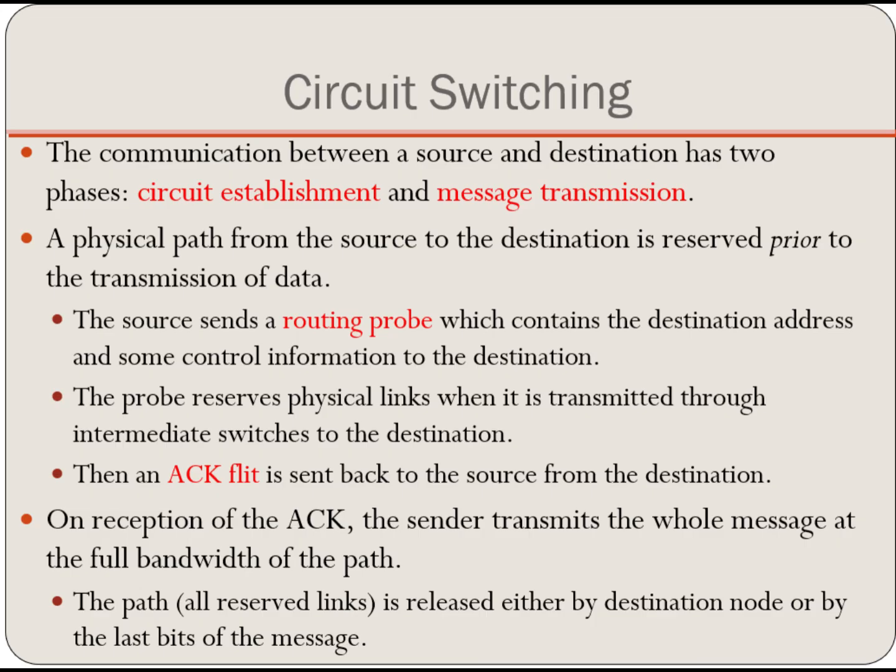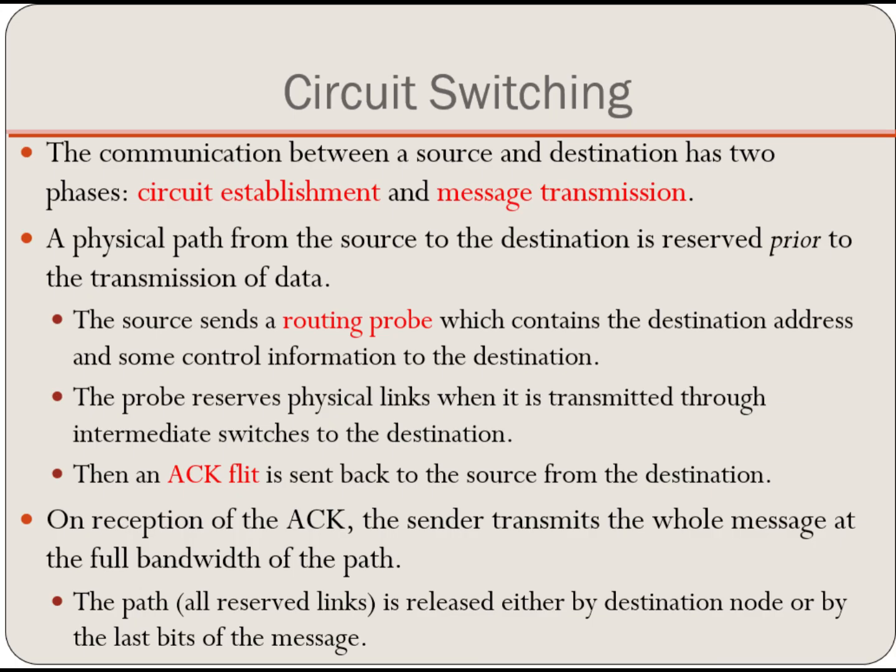Depending on how you do the probe, there are two general mechanisms to reserve the circuit. One is the probe: when the probe goes through, then the path that delivers the probe to the destination will become the circuit. Usually for this kind of mechanism, the probe reserves the link when you transmit through that.